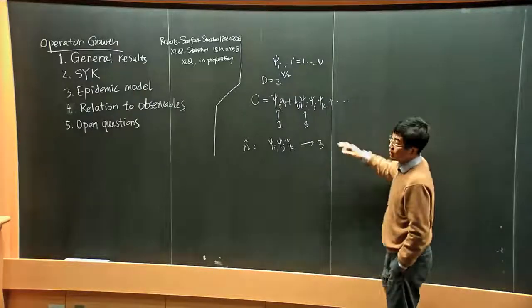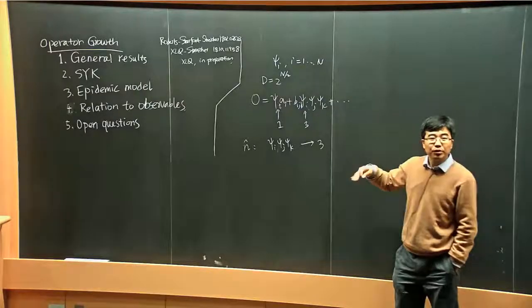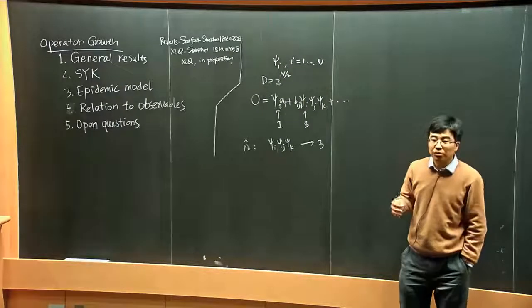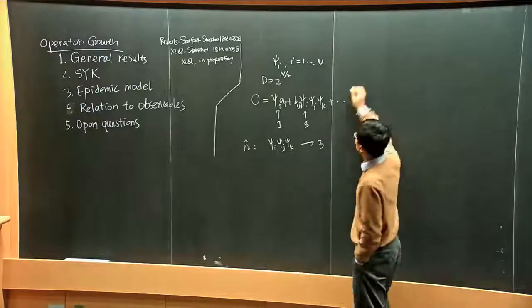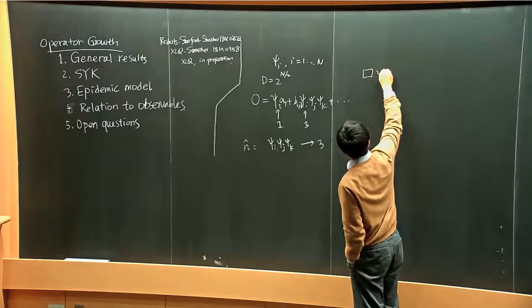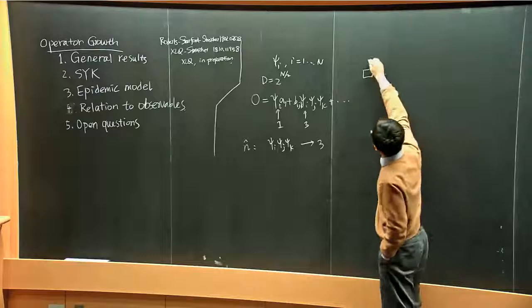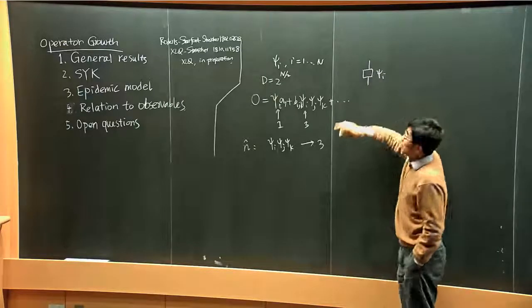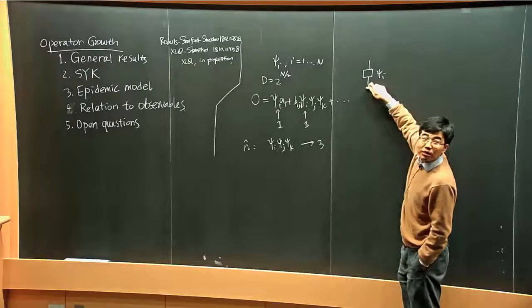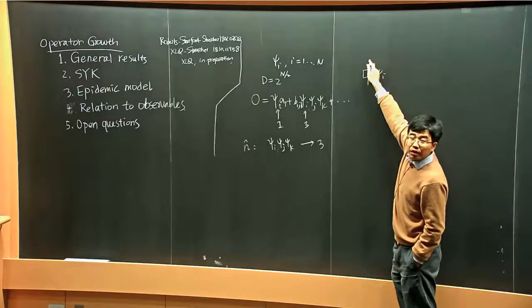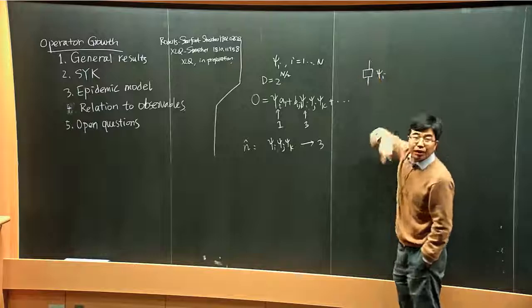So it's convenient to map that to a more familiar Hilbert space of states. That's what we call the trick of doubling. Let's say you have an operator like psi. We can map it to a state. I draw this picture: it means an operator that acts on the Hilbert space of these Majorana fermions, acts on one state and gives you another.